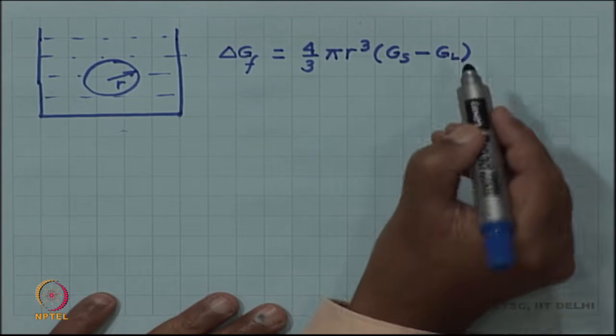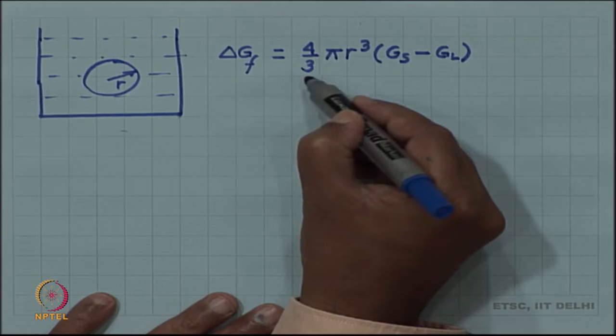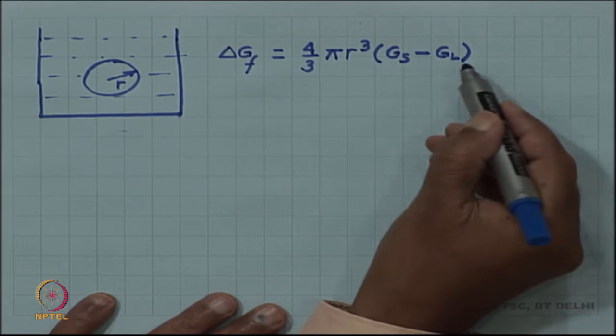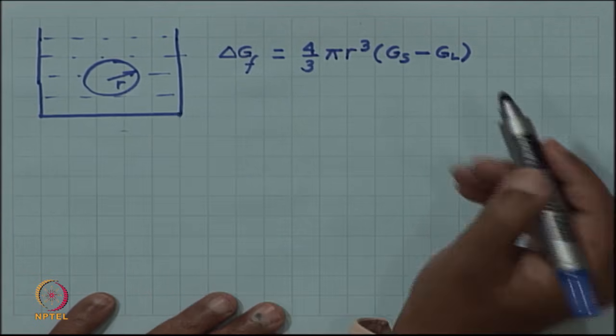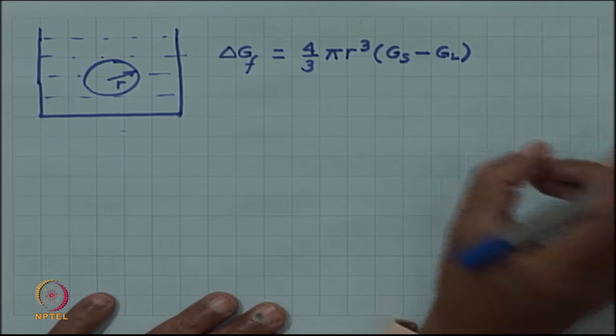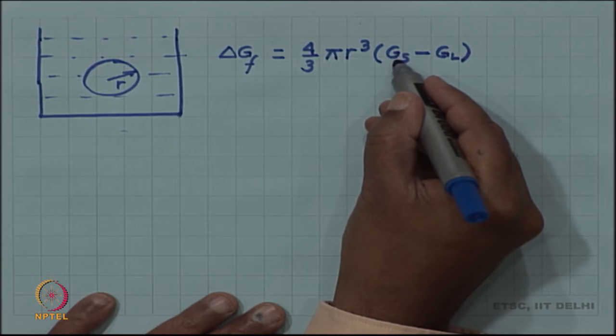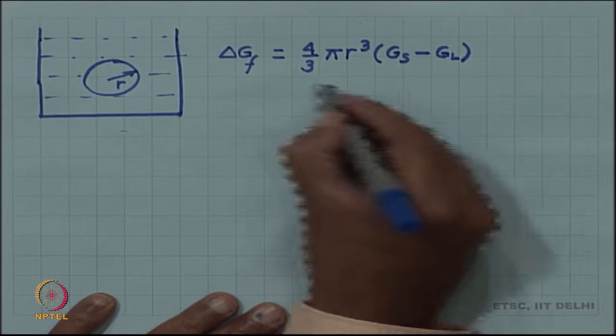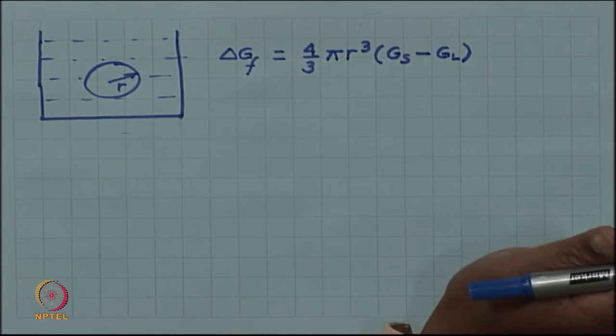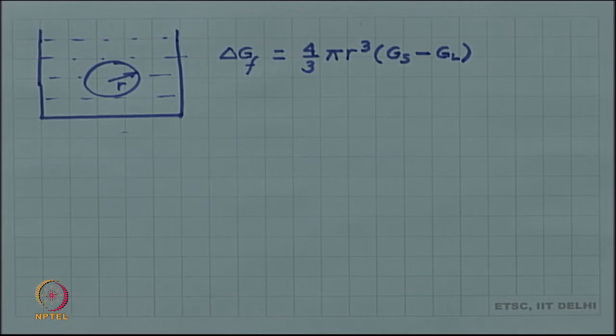So, if the liquid free energy per unit volume is G L, then 4 by 3 pi r cube G L free energy reduction has taken place, because now we do not have that much of liquid and a corresponding amount of solid has been added. So, this is the change in free energy due to the formation of a solid ball of radius r in terms of the quantities which we have defined.